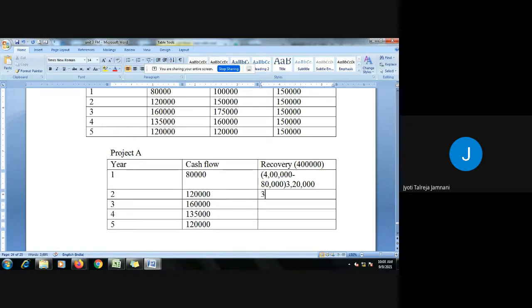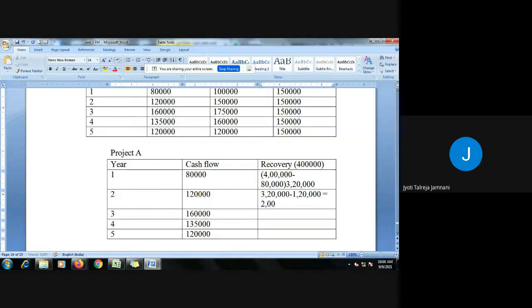So 3 lakh 20 minus 1 lakh 20 is equal to 2 lakh. Next year, 2 lakh minus 1 lakh 60, we'll get 40,000.